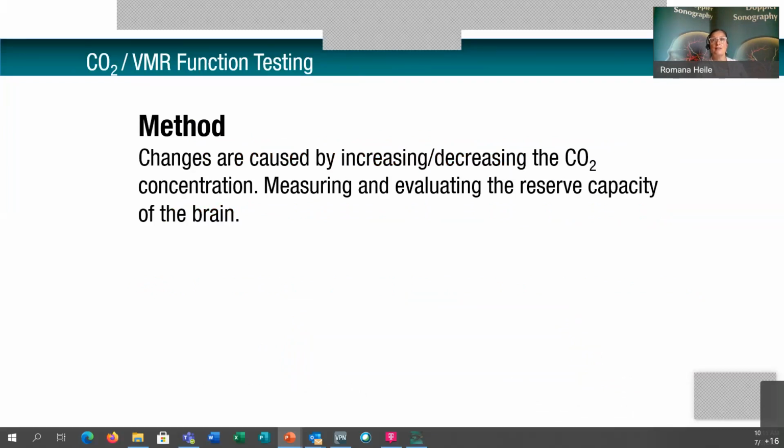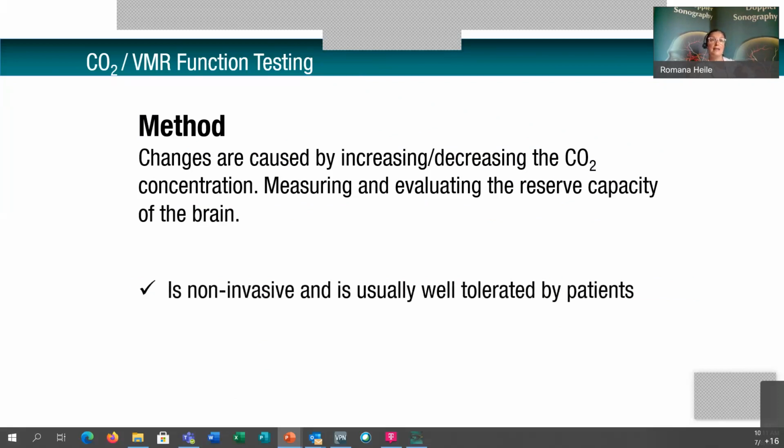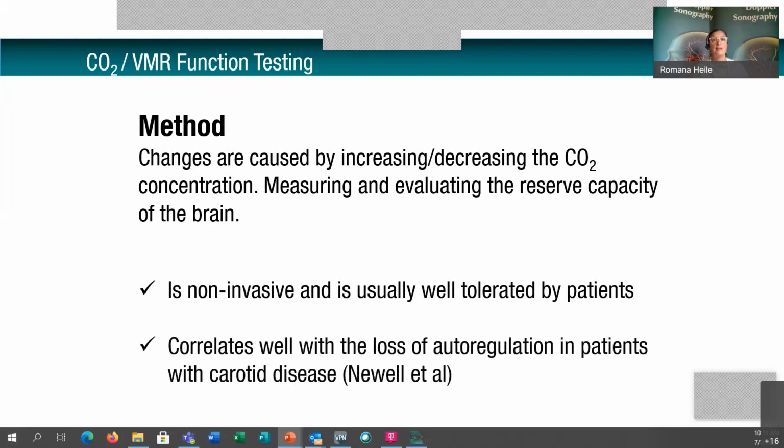And we can stress the vessel by increasing and decreasing the CO2 concentration in the blood. So these kind of test methods is usually non-invasive and well tolerated by patients. And also it correlates well with the loss of autoregulation in patients suffering from carotid disease.